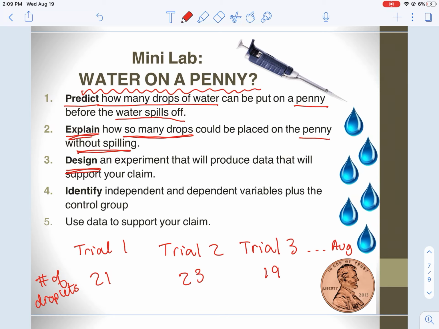So you'll add all these together, and if I had just done 3 trials, I'll add all those together and divide by 3 to get my average. And in doing that, this is using your data to support your claim. You're also going to write a conclusion, okay?